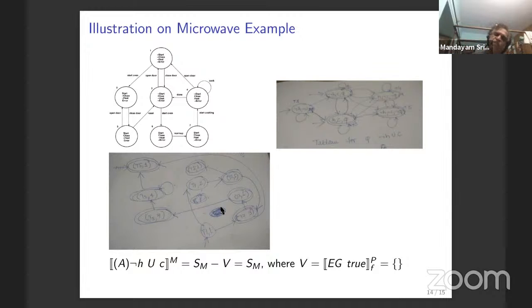In each step, the number of states is bounded by the number of iterations you take for reaching a fixed point. Here the number of iterations is just the fair paths, because it's EG of true. What you're checking is EG of true.